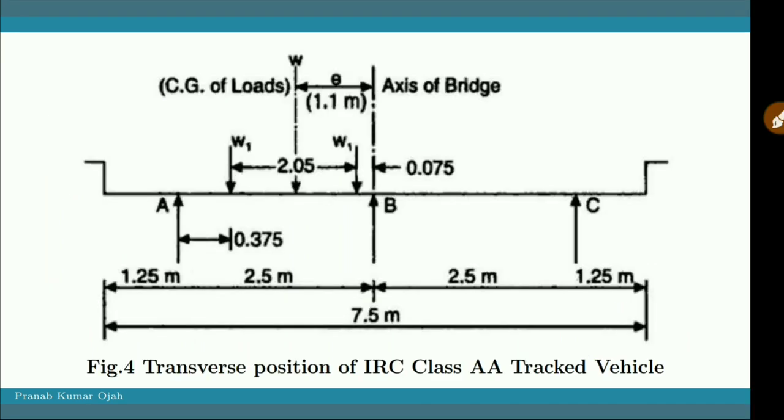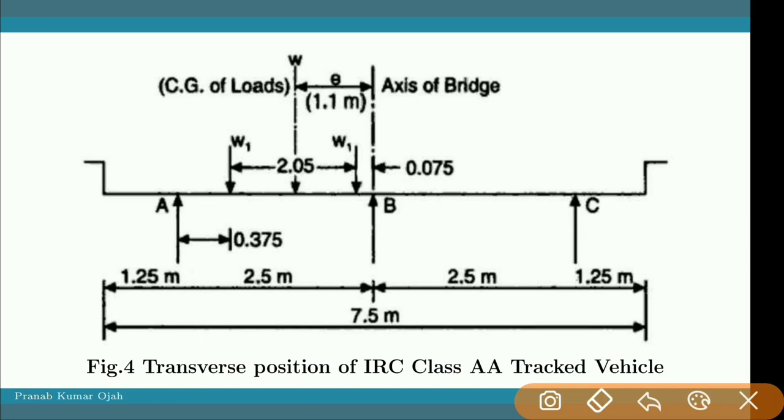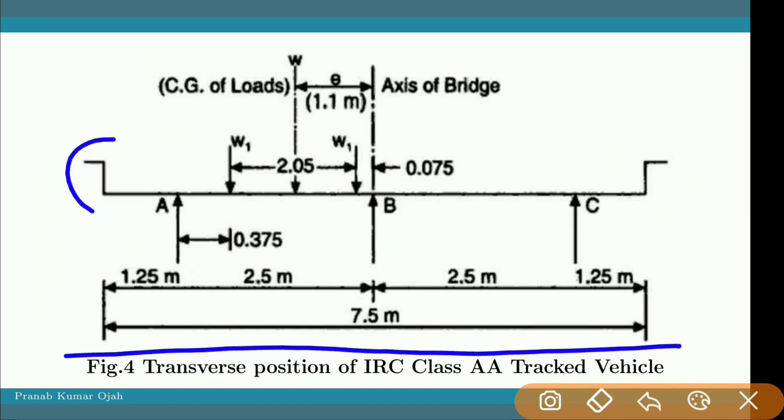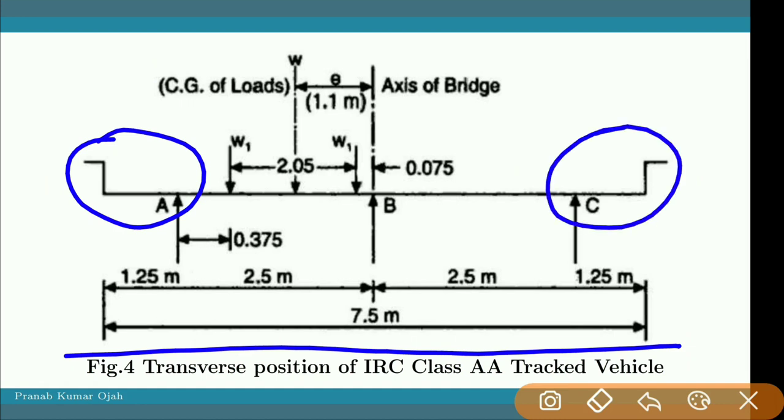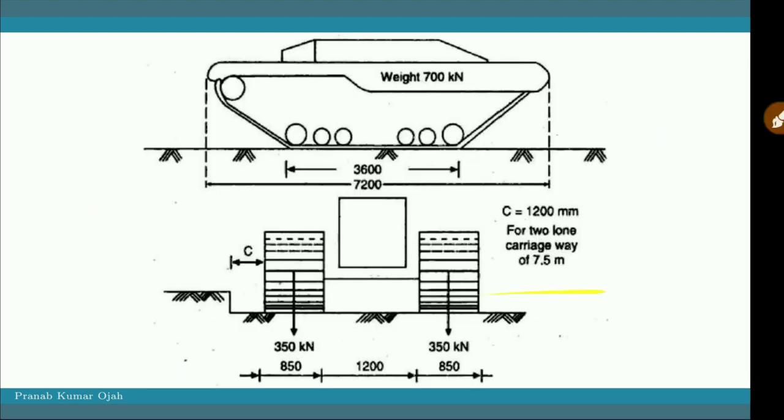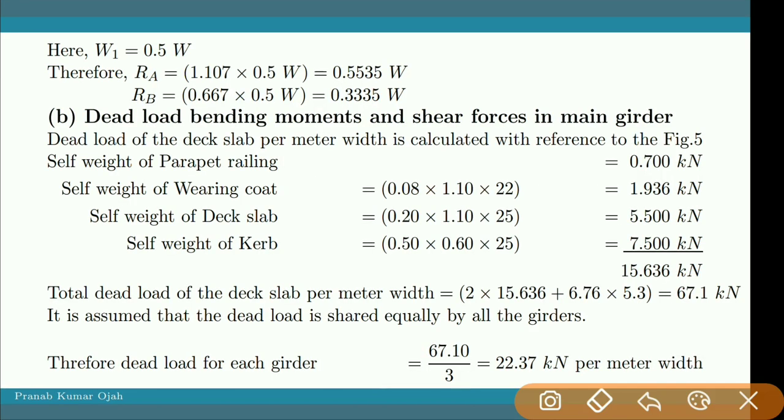See, this self weight is only for the overhang portion of the bridge. If you see along the cross section of the bridge, it will have two overhang portions, one on each side. So if I calculate the total dead load of the deck slab per meter width, it will be multiplied with 2 into 15.636.